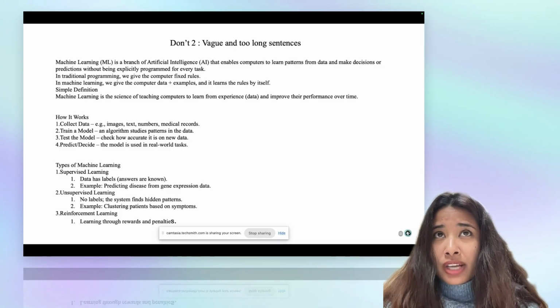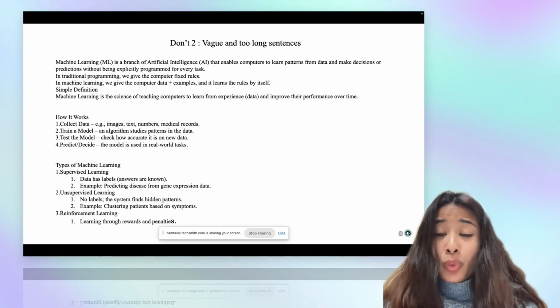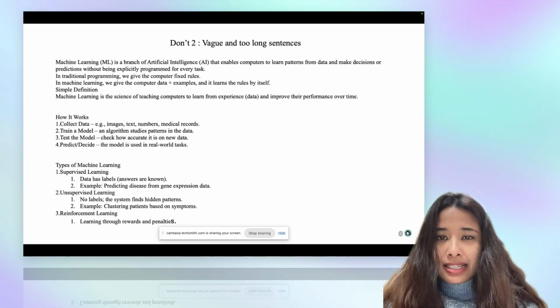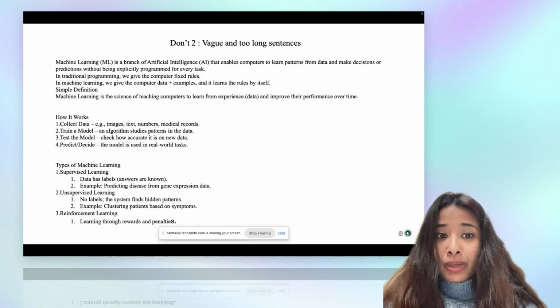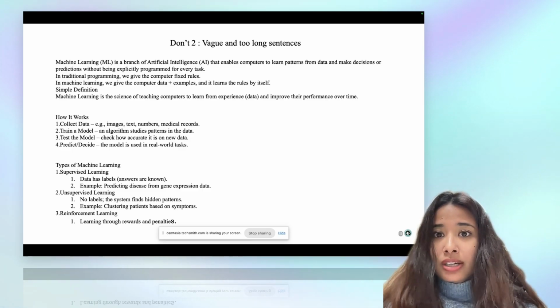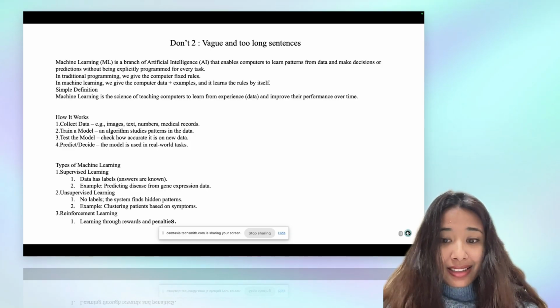I think it should be not more than 7 to 8 words, and it should make sense. It's not that you write just 7 to 8 words and it's not making sense. I will give an example on the next slide, but first focus on the long sentences, which we really don't need.